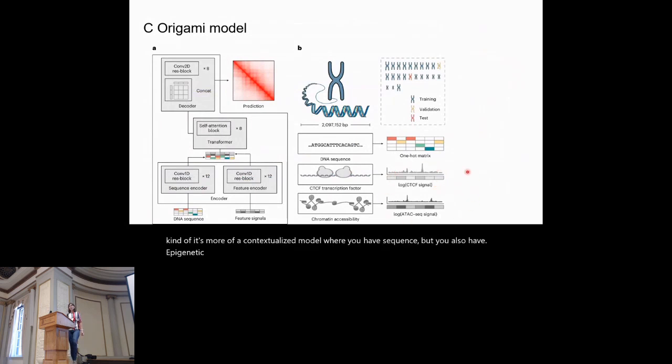The rationale for using them is that we really want to focus on cell type specific effects, right? Sequence is the same in every cell type. So how are we ever going to produce a cell type specific contact map if you didn't give me any information about which cell type you're looking at? I need a piece of contextualizing information. So in the C.Origami paper, they use CTCF and an open chromatin track from the cell type that you want to make a predictive model for.